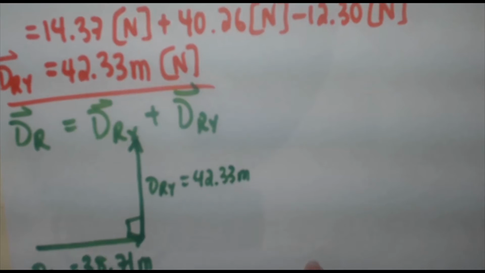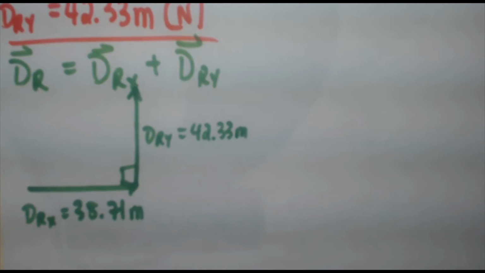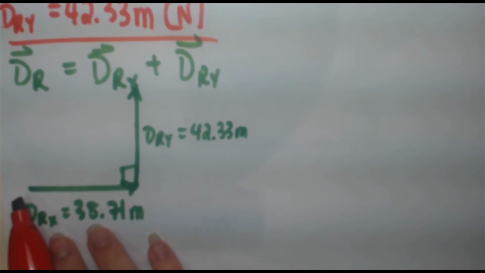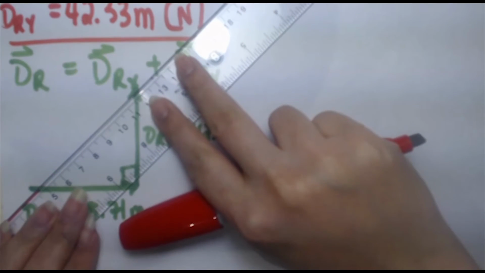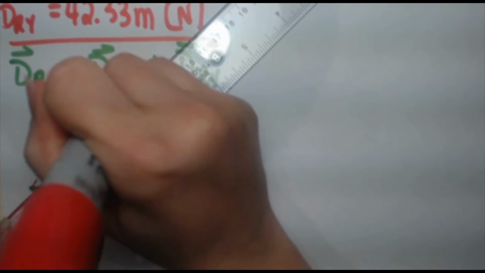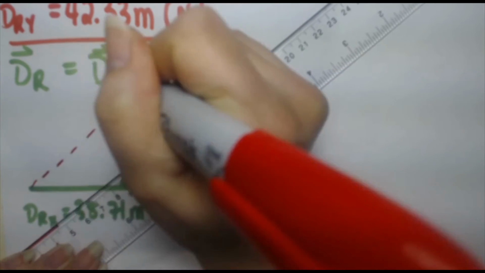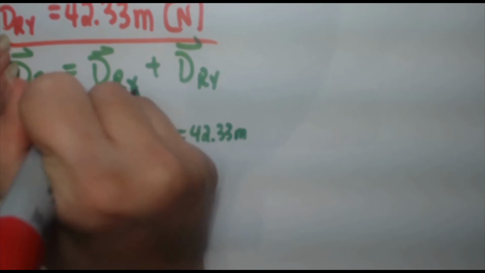Let me just move that up. And if you remember from before, you draw your resultant from the tail of the first vector to the tip of the second in that order. So let's go ahead and draw that in. So that is my resultant right there.